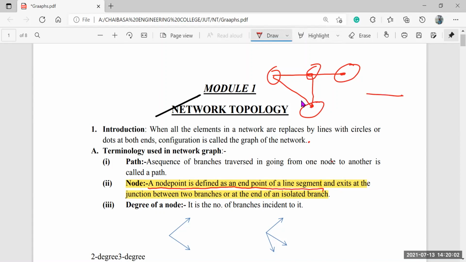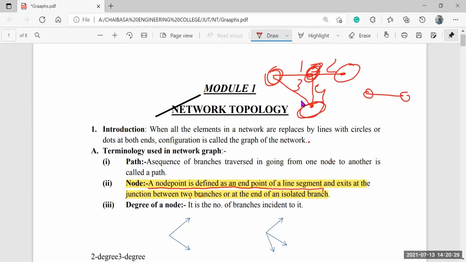This is a line, so this is the end point of a line segment, and it exists at the junction between two branches. This is branch one, this is branch two, and this is the junction. This is one branch, this is a third branch, and this is one junction. This is the third branch, this is a fourth branch, and this is a junction. Or at the end of an isolated branch.